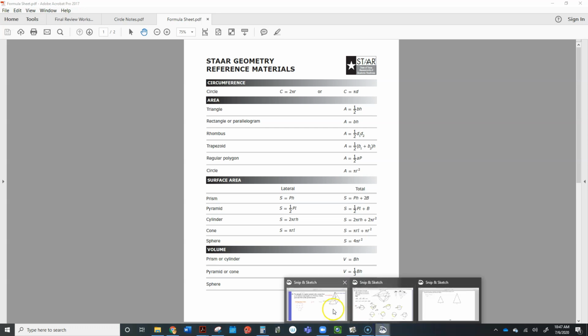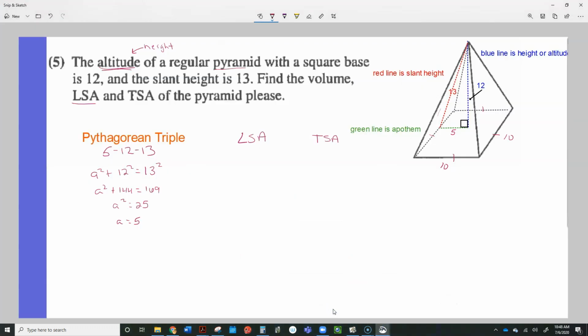So this is 1/2 PL. The 1/2 times the perimeter of the base. So that's 10, 20, 30, 40 times the slant height. And the slant height was 13.